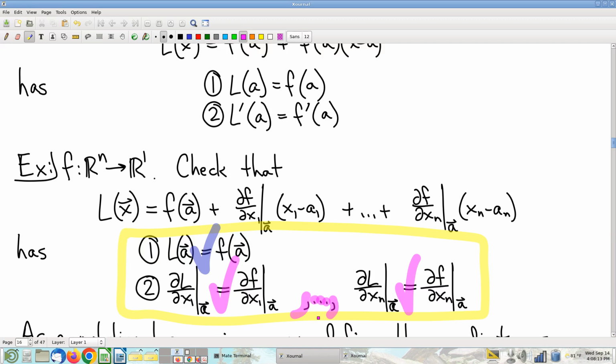Since the whole idea is I want L to be mimicking f, I want it to be copycatting f as much as it can. I feel like it should be copycatting f in all the directions, and namely that all the partials should be the same as f's.